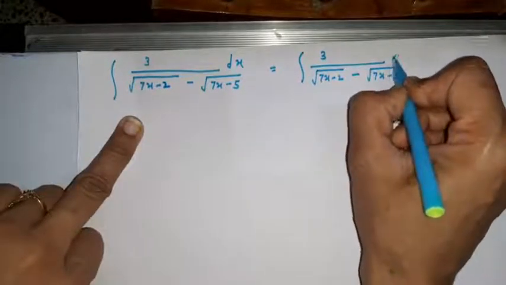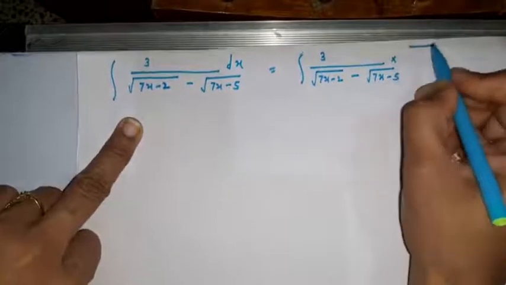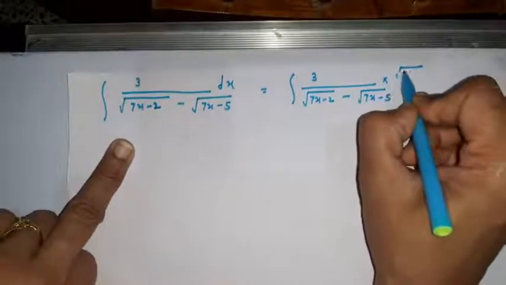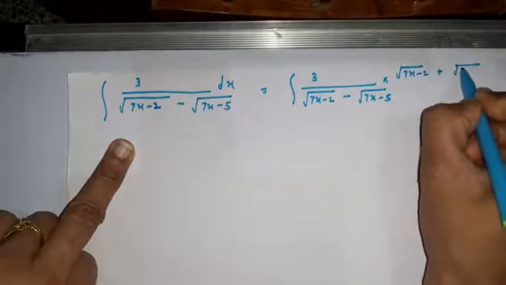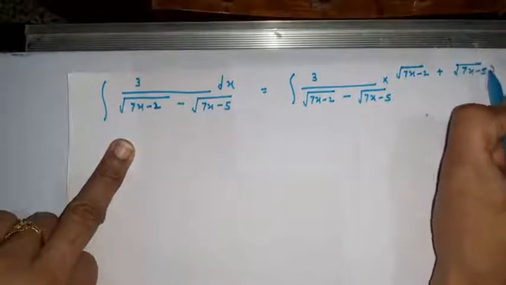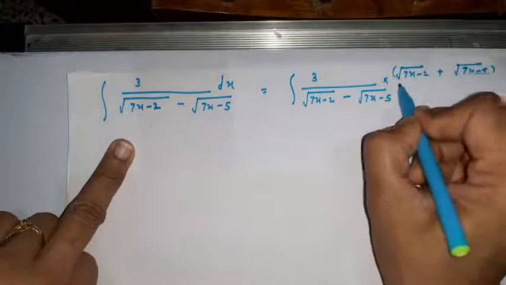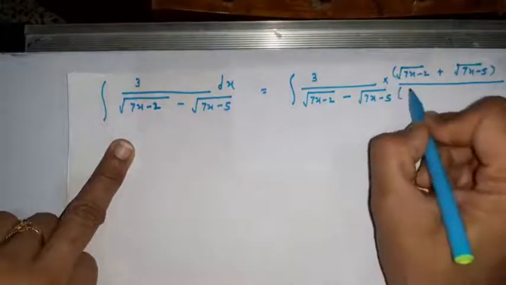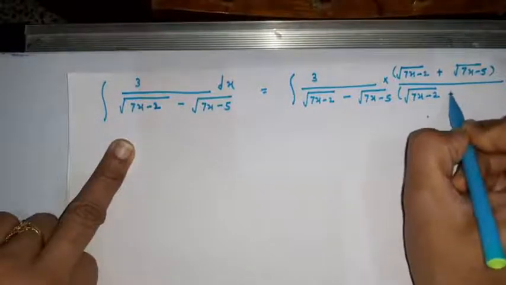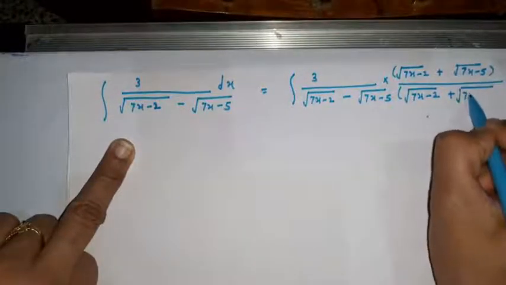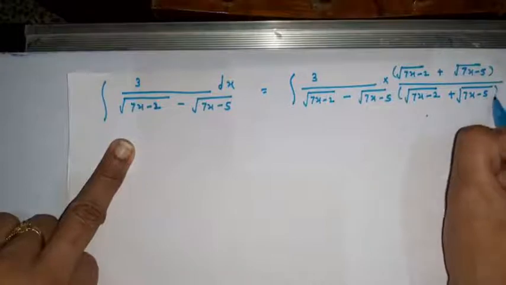Its rationalizing factor is square root of 7x minus 2 plus square root of 7x minus 5. Rationalize the denominator in this way.